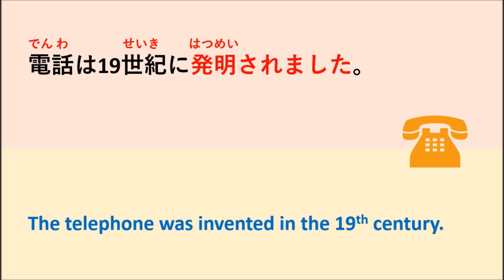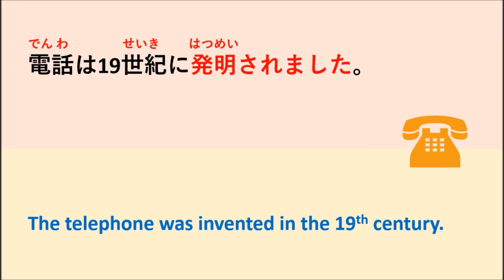So another sentence, we also have a sentence like this. 電話は19世紀に発明されました。This means that the telephone was invented in the 19th century.